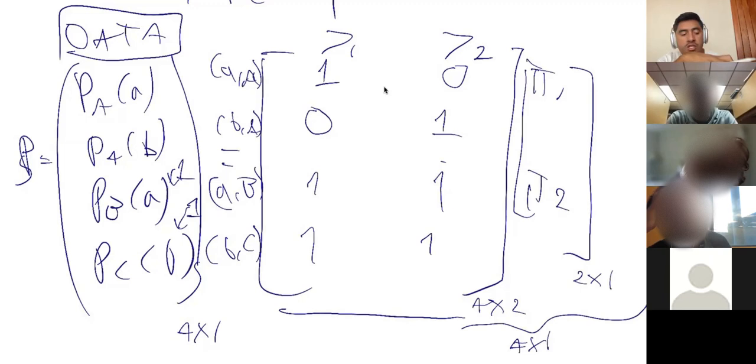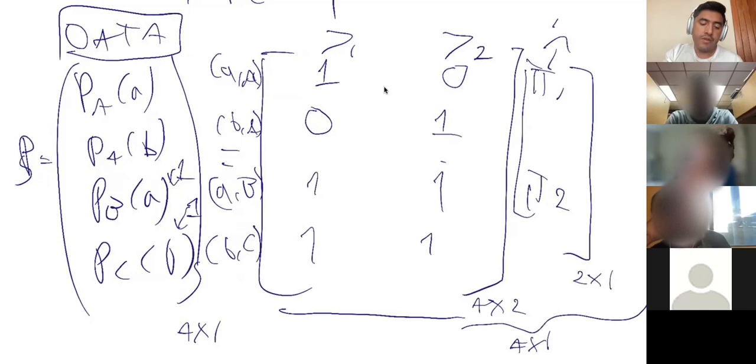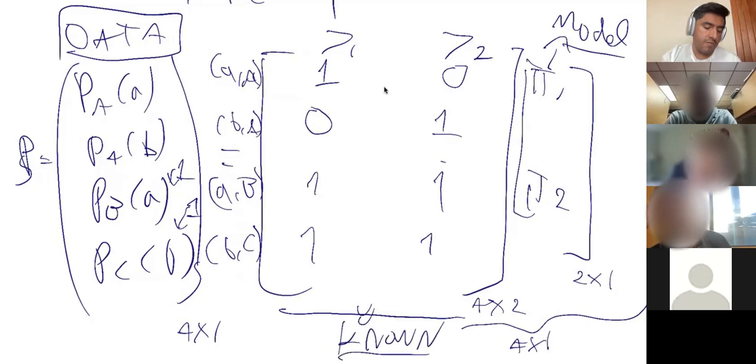So this matrix you can compute yourself without knowing the data. This matrix is known to you. And then there is the unknown. So this is the model. This is the known object. And then to test whether this data is compatible with a random utility framework, the only thing you have to do is check whether this system of linear equations has a solution.